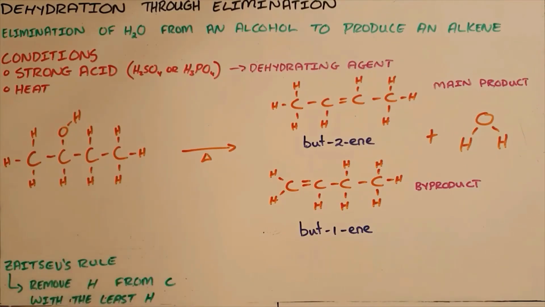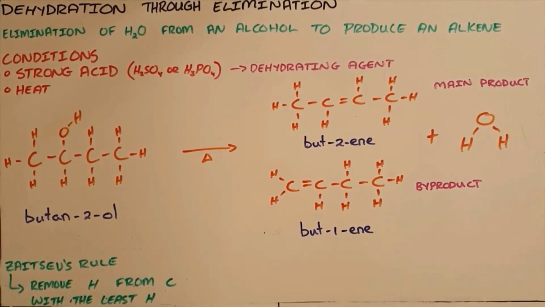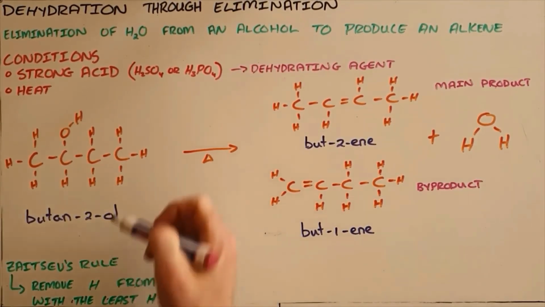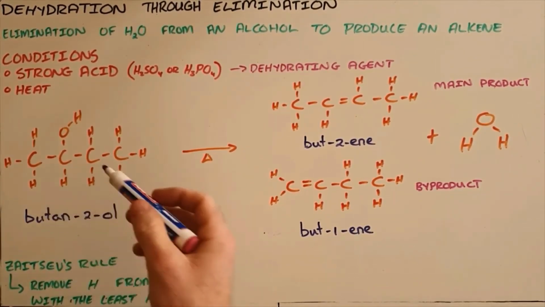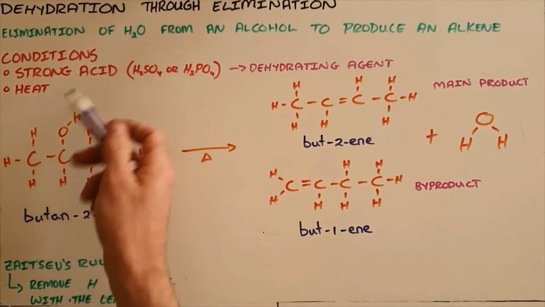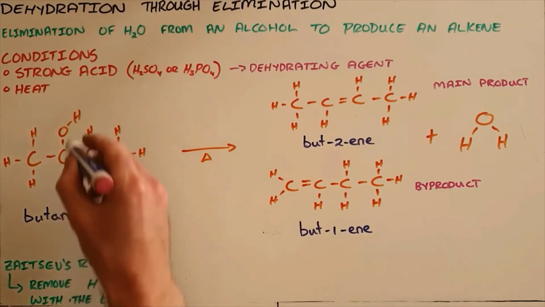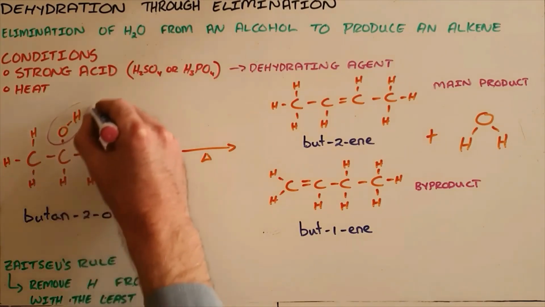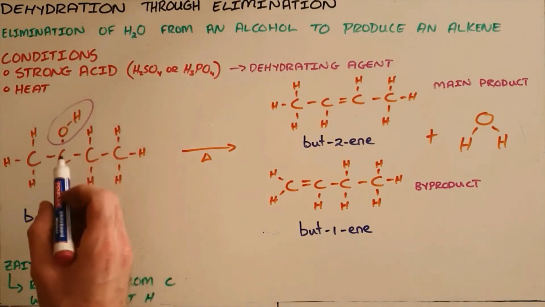So as an example here, we can see that butan-2-ol can undergo this dehydration through elimination reaction, provided that these conditions are met, and we see that the hydroxyl group will be removed as well as a hydrogen atom.